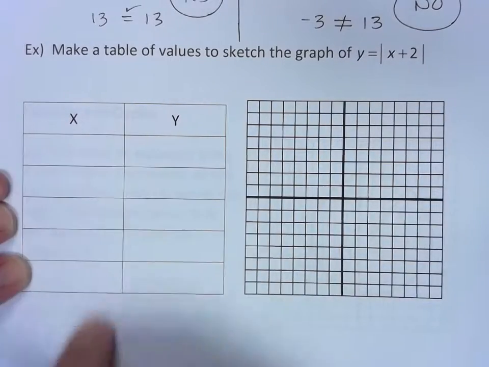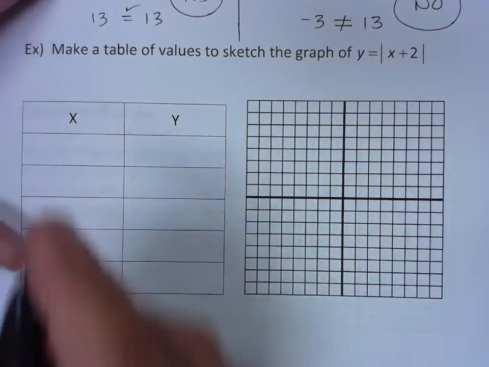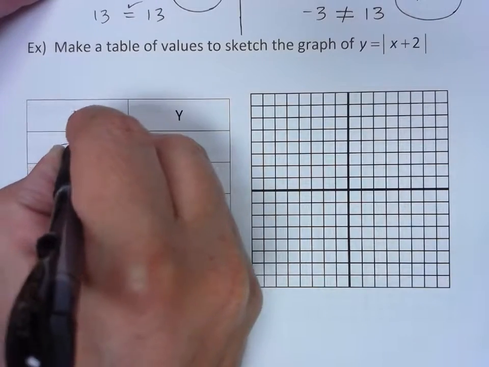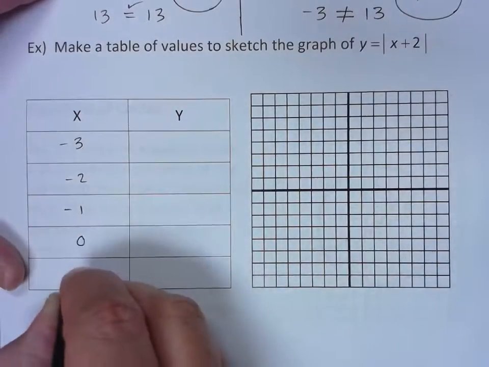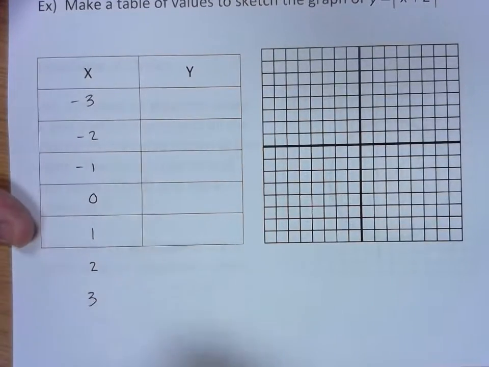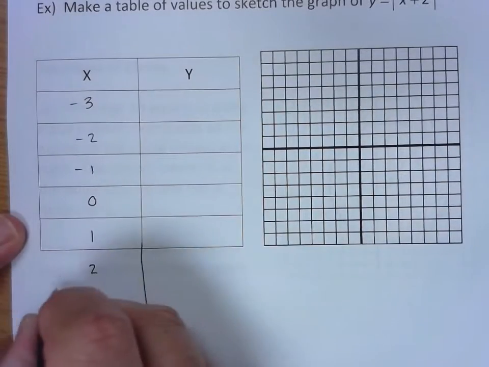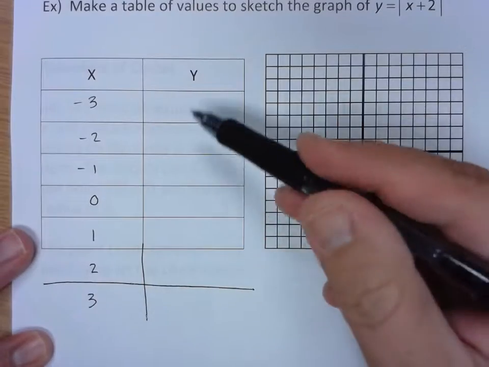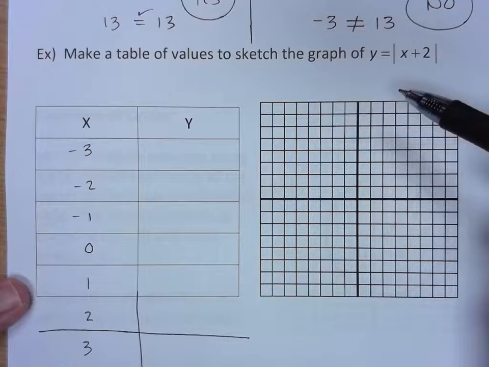It's best to probably just pick some values of x and plug them in and see what the y values are that go with it. So maybe a few negative x's, 0, and then a few, well, I'll go ahead and extend my table, a few positive x's. Okay, go ahead and make my extra row entries down here. Okay, and so then we'll get corresponding y coordinates that we can actually plot on the grid to see what the equation is going to look like overall.